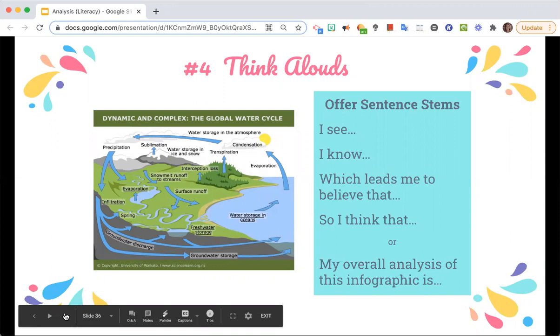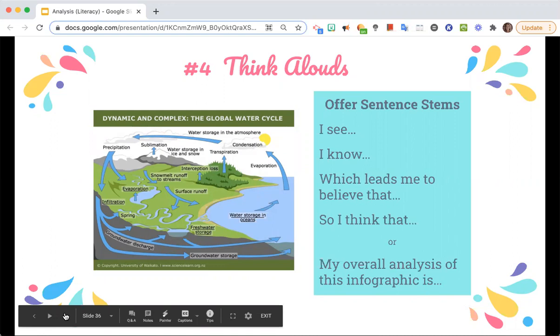So you want them to talk about what they see, you want them to talk about what they know, and then give them the sentence stem, which leads me to believe that, which of course is their inference, and then their overall analysis of this infographic is, or so I think that. So again, allowing them to ascertain their own evidence, pair it with what they know, draw an inference, and then add up the inferences in order to do an overall analysis.